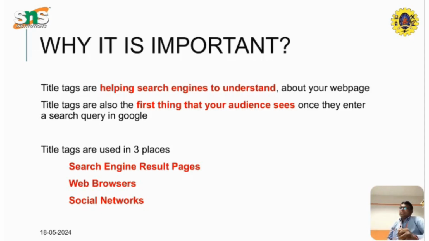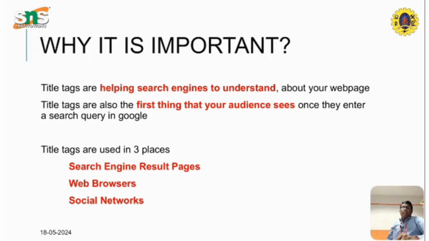The first thing the audience sees once they enter a search query is the title tag. So they are used in three places: search engine result pages, when we search Google for something, what gets displayed is the name of the website, that is actually the title tag, the header. Then in web browsers, and in social networks we use them. So it is very important.